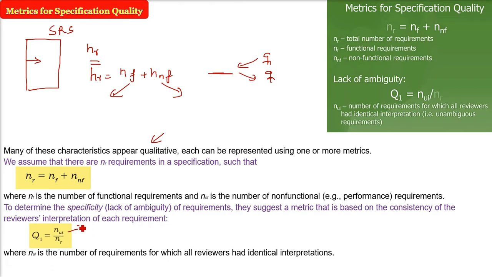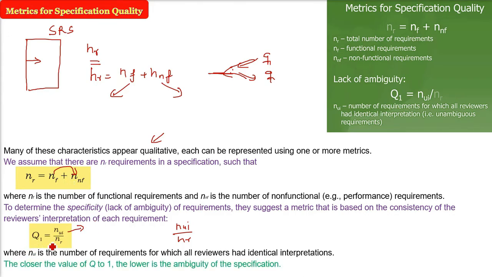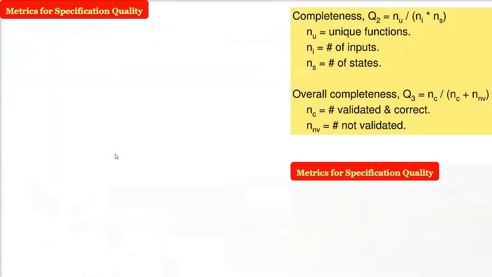That is, you and I are both interpreting the requirement in the same way. So NUI by NR, the number of requirements with the same interpretation, over NR, which you already know is NF plus NNF. So the closer the value of this Q1 is to 1, the less the ambiguity in this specification. This is how the metric can be computed.